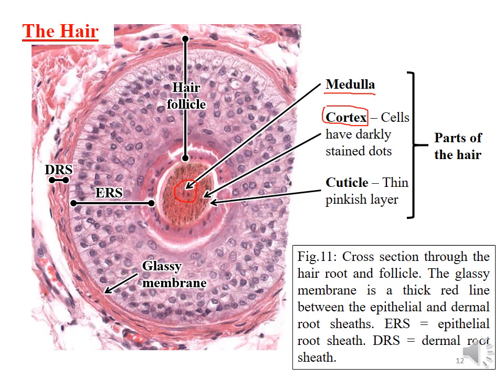As you can see, in this region here, we have several darkly stained dots, and this is the cortex. The cuticle appears as a very thin pinkish line surrounding the cortex. This is the cuticle of the hair.